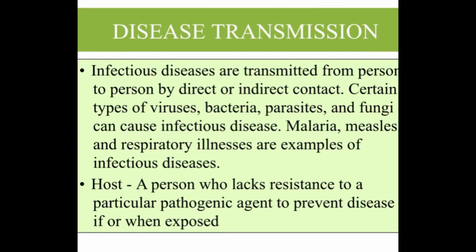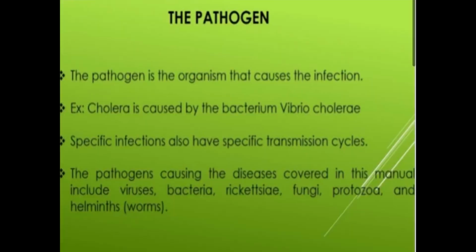A host is a person who lacks resistance to a particular pathogenic agent to prevent disease when exposed. So the person might have an immune part or maybe not, and that can cause any kind of disease. Now, what is a pathogen? The pathogen is an organism that is causing the infection.